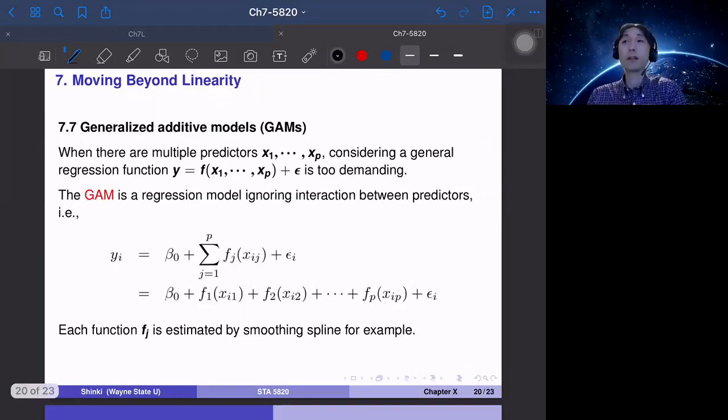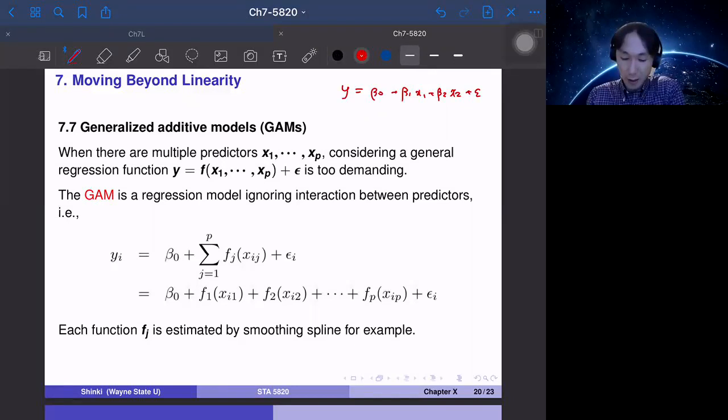Okay, so far we have only one predictor X and one response Y. Now we think about multiple predictors X1 to Xp. In this case the model is more complicated. For example, Y is equal to beta naught plus beta 1 x1 plus beta 2 x2 plus epsilon.